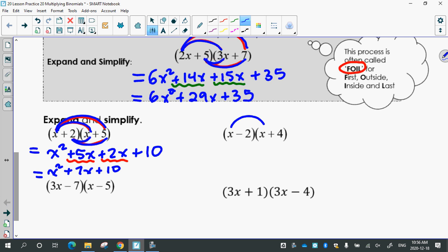Okay, here we have to watch the sign. But you're still going to multiply the firsts together. Outers, inners, and that negative is attached to the 2. And lasts. So 4 multiplications.